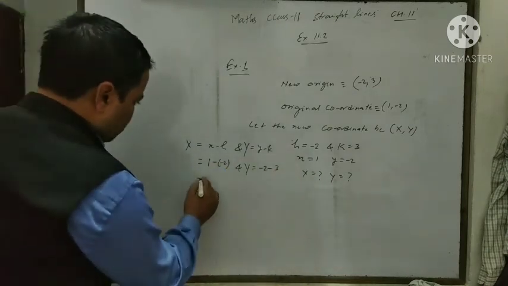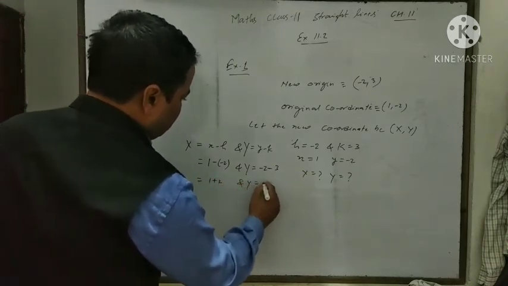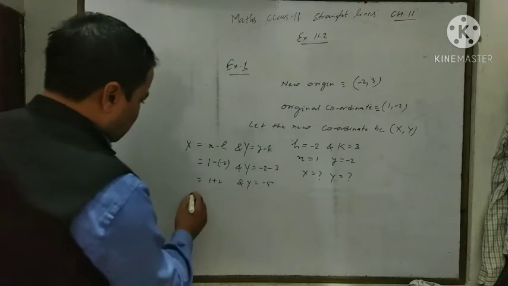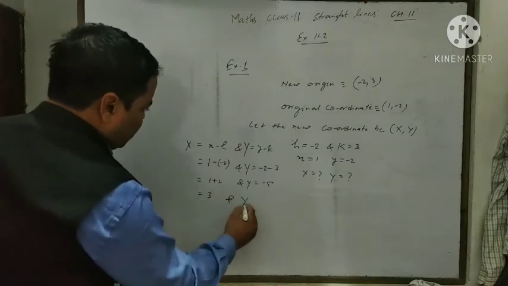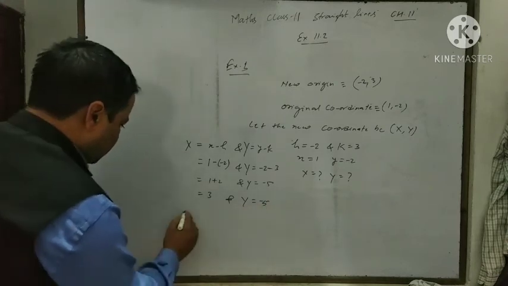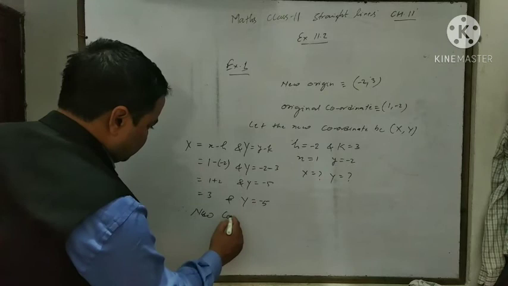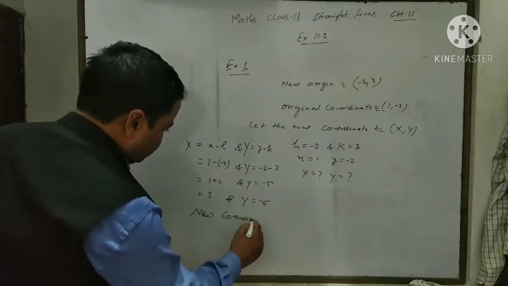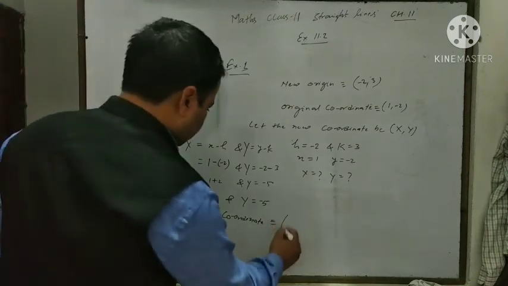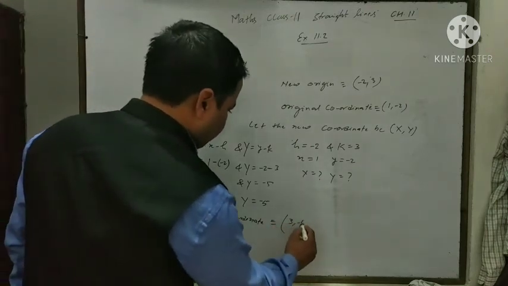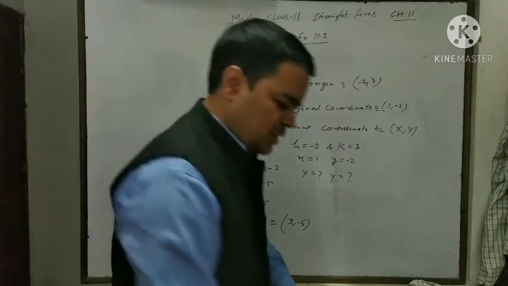Then X will be 1 plus 2, which is 3, and Y is equal to -5. Therefore, the new coordinate will be (3, -5).